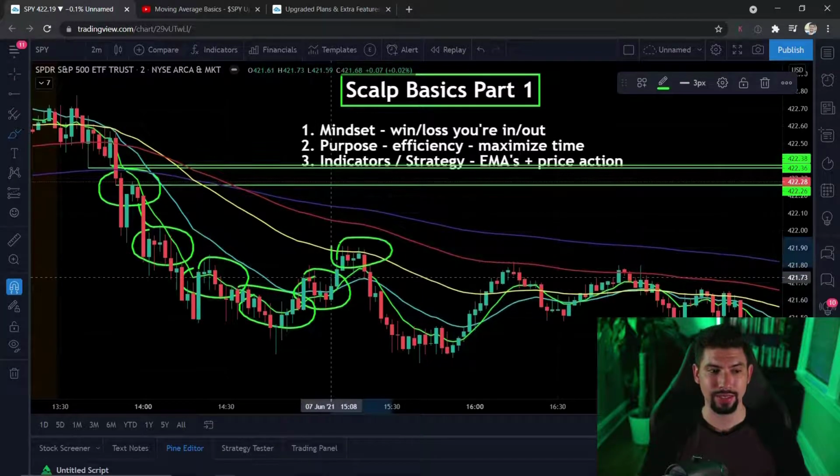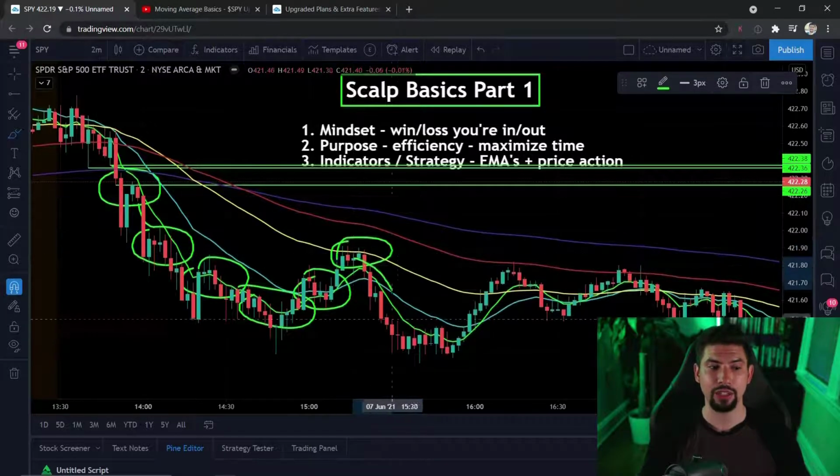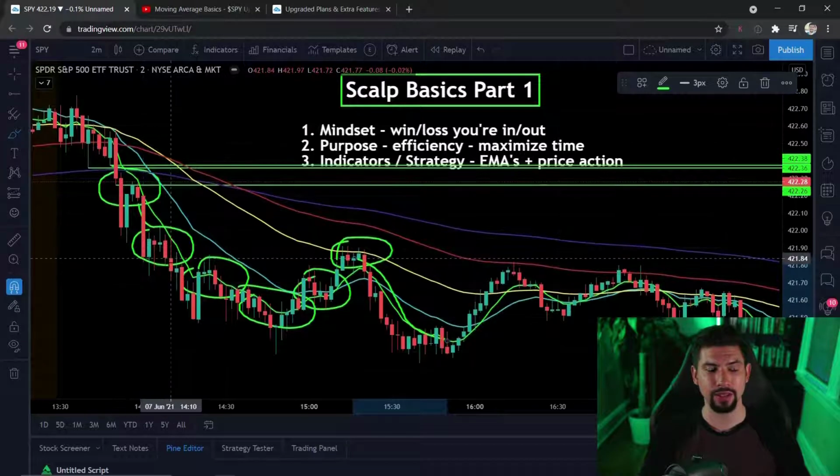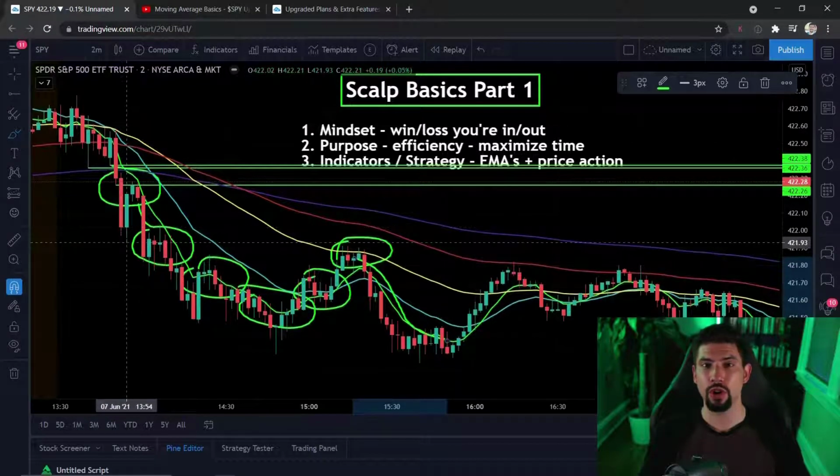And then we test the 55-day and that becomes a ceiling and it drops back down again. But you can see that in these areas, anytime price gets too far away from the 8 EMA, it tends to snap back up like a rubber band and retest that area. And that's why I like to call the 8 EMA the money line, because it gives you a really good sense of the direction and the sentiment of price.